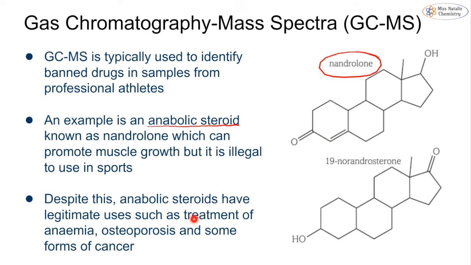So these anabolic steroids can be used to treat anemia, they can be used to treat osteoporosis, or even different forms of cancer. So whilst it would be illegal for an athlete to take this unless they had a valid medical exemption, you may find that these anabolic steroids could be found in samples of patients with anemia or osteoporosis or cancer because they can be used as a treatment.